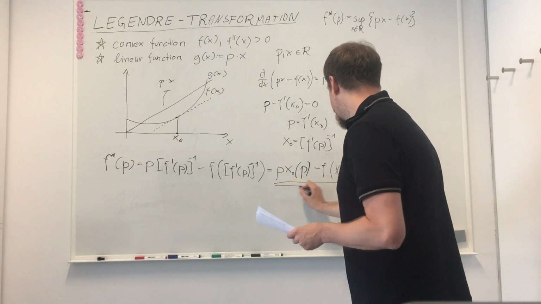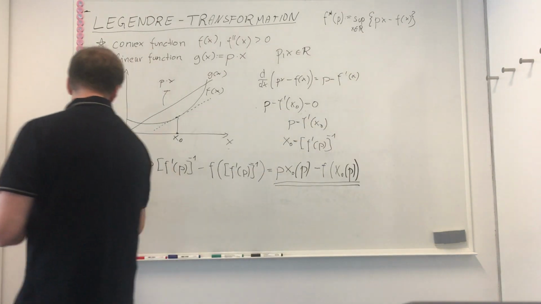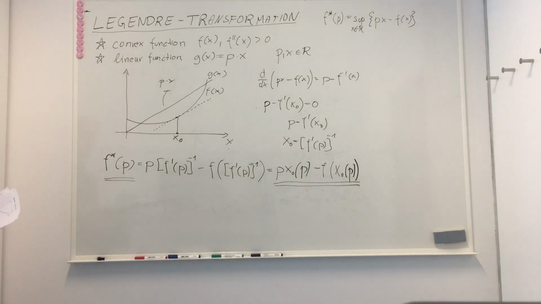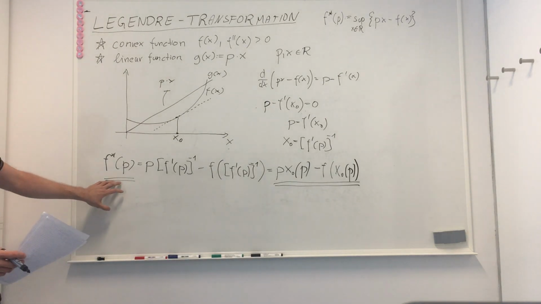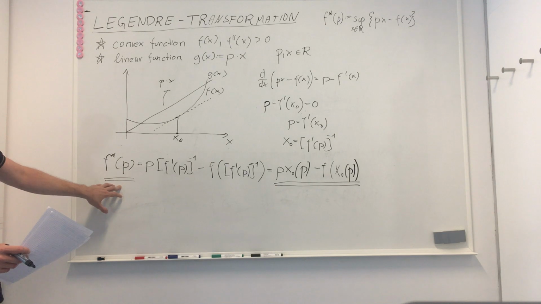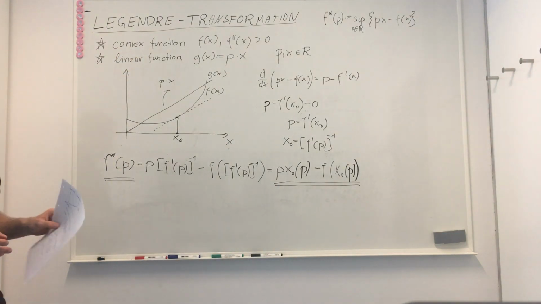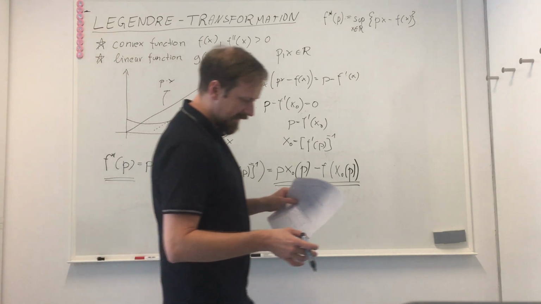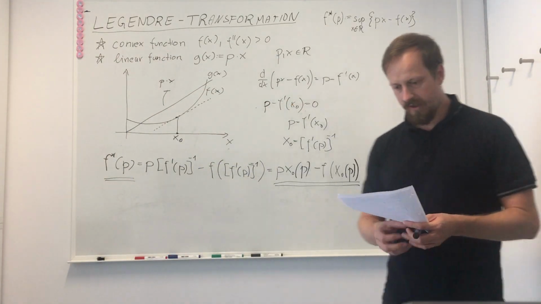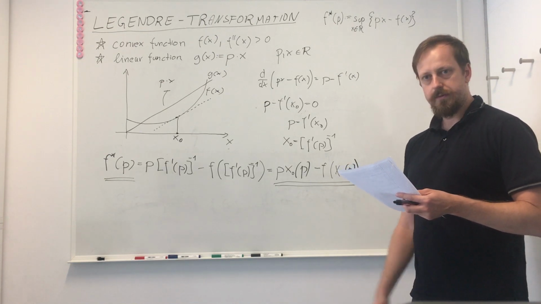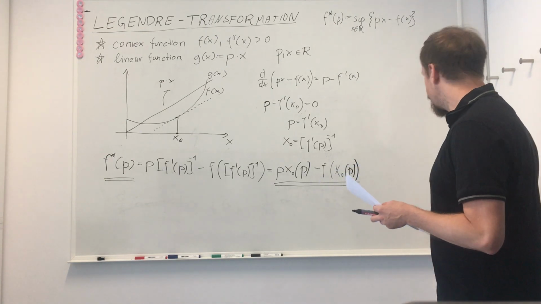So now this is already our first result. We know in principle now how to calculate the Legendre transform of a given convex function. In the next step, I would like to give a geometric interpretation of the Legendre transformation.